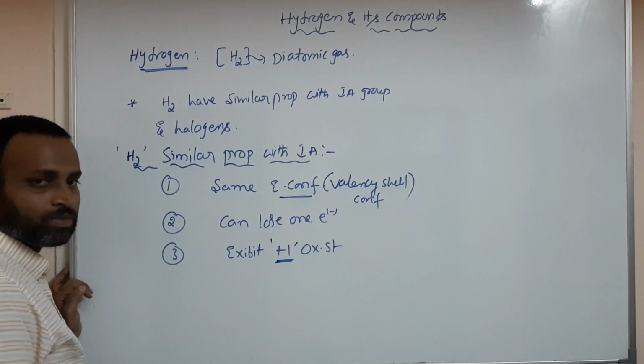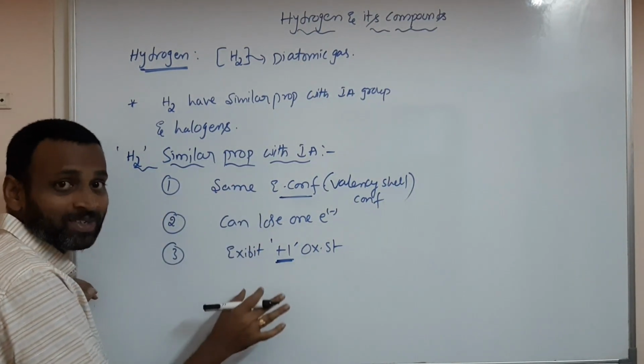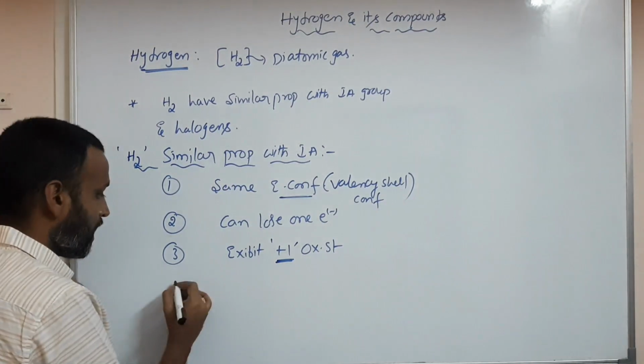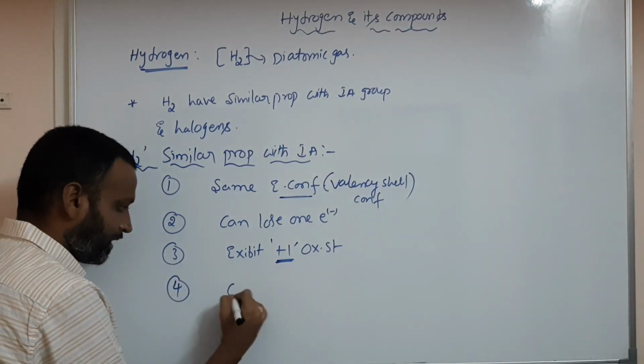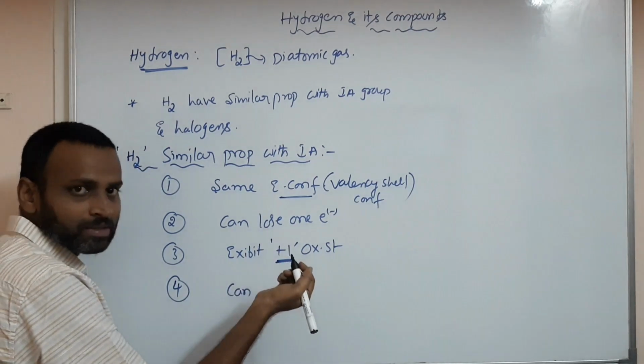Of course, alkali metals exhibit +1. Like alkali metals, hydrogen can be a reducing agent. I told you the order of reducing ability: lithium is the strongest reducing agent.